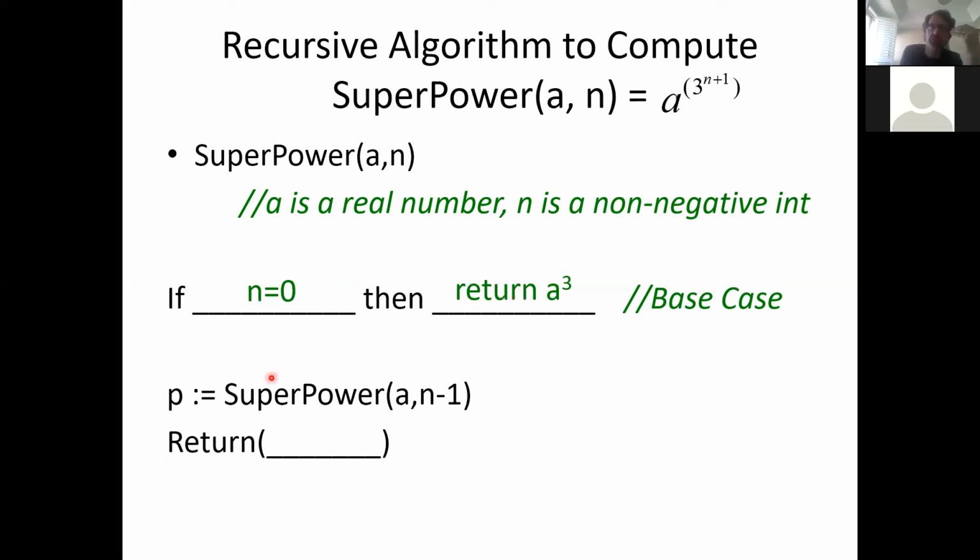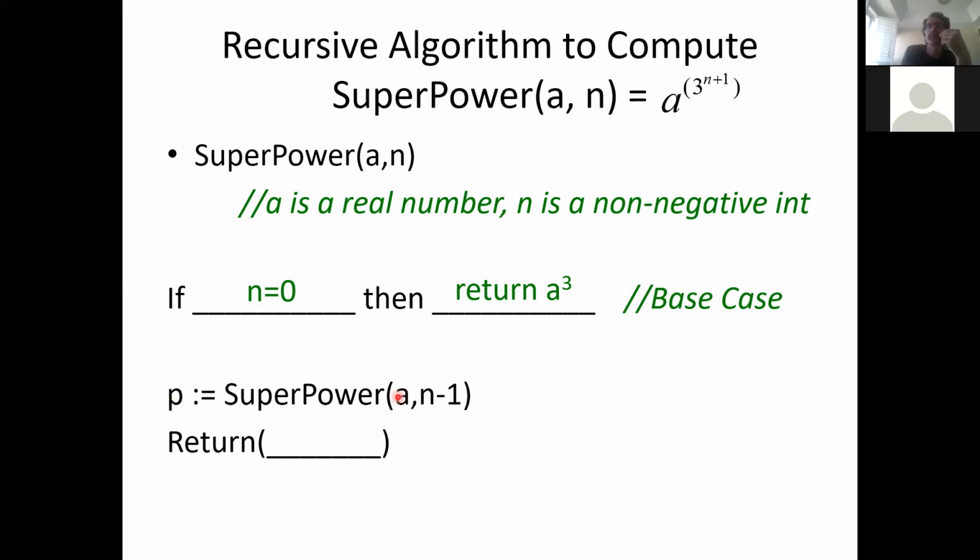And now assume the recursive algorithm. You just saw a different example where the recursive call was not to n-1, but to some much smaller index, namely n div 2. But let's say that here the recursive call is just going to be to the index one smaller. Then what should you return given such a value?